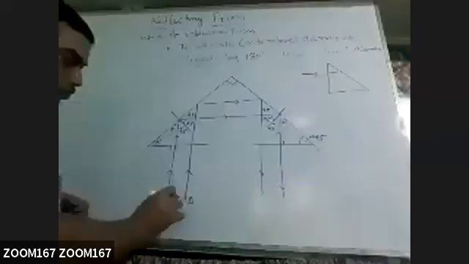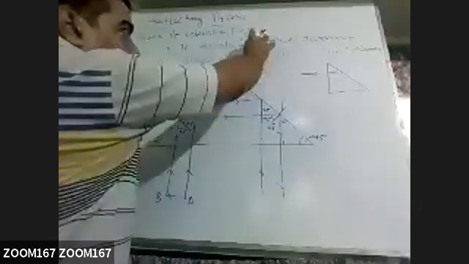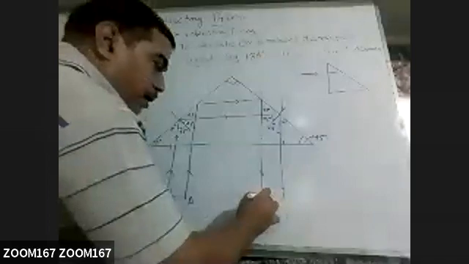So point A will appear somewhere here above this. B will appear somewhere above this line here. So A is here, B is here. That means it will appear this way.